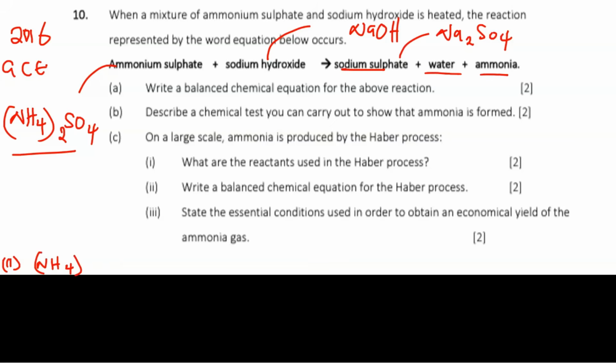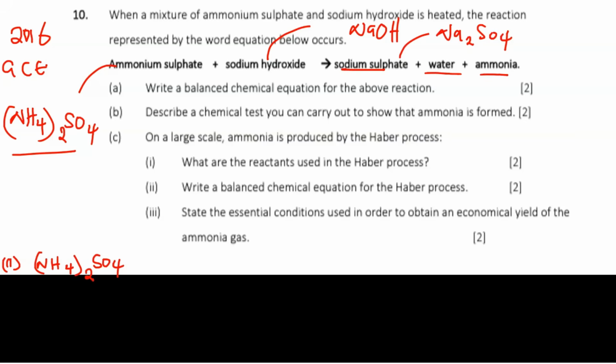Please let me emphasize that this is how you prepare ammonia at laboratory level, where you react an ammonium salt with a base. In this case, the base is sodium hydroxide and the ammonium salt is ammonium sulfate. But in other cases, you're going to find a different one, as we are going to see as we go on.